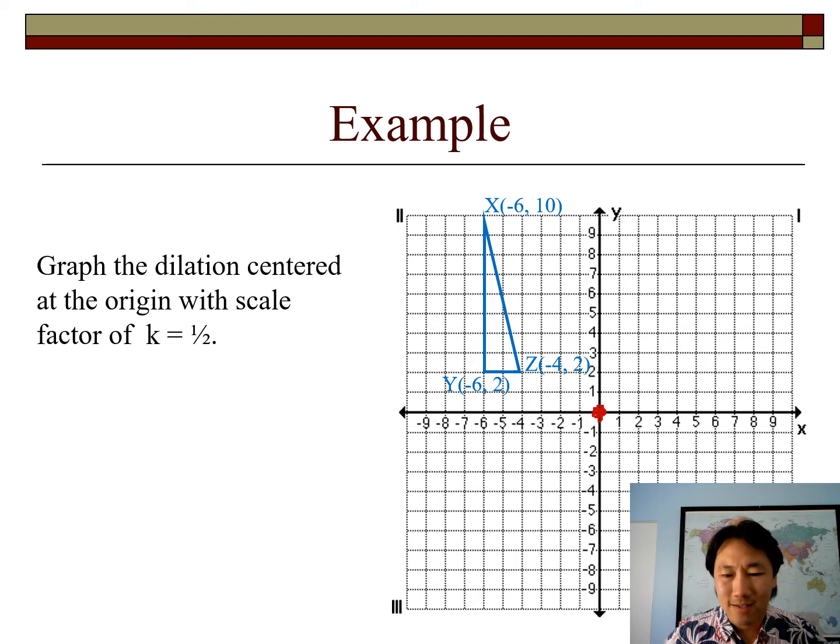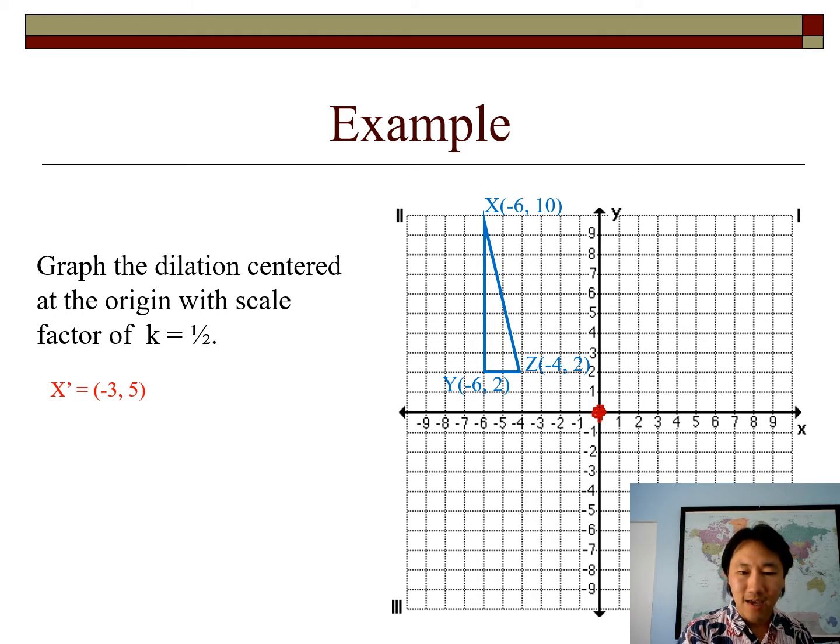How do I do that? The easiest way is basically just to multiply every number by half, or divide everything by 2, depending on how you look at it. So if I multiply point x by 1/2, I should get x prime to be -3/5.